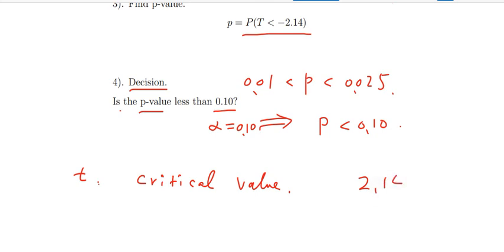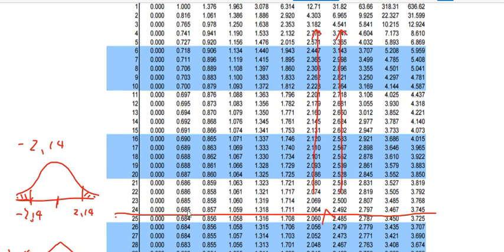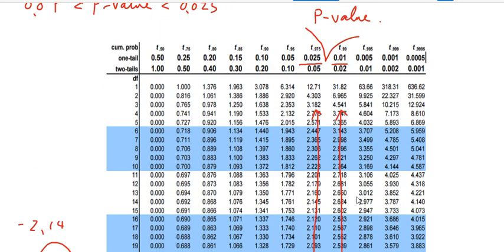So we can see that negative 2.14 is equal to positive. This 2.14, is it a big number or a small number? How can we judge this? We need to find the critical value. So let's check the t-table. This time the degree of freedom is 24, and we want to find the 10% one tail, right?